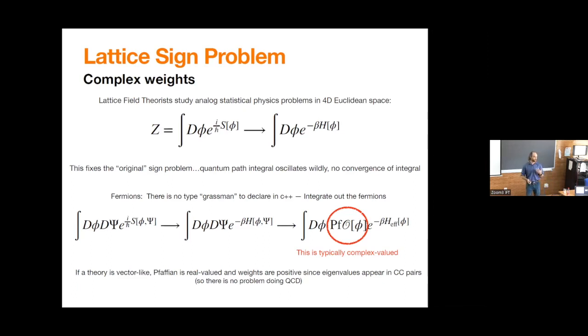So there's no problem doing QCD because QCD is a vector-like theory. But if you're interested in some technicolor-like theory that has a chiral structure, then you would have trouble here. Or just any other strongly coupled theory, forget technicolor, that maybe is part of your favorite dark matter sector or something like this, you'll run into issues trying to simulate it.